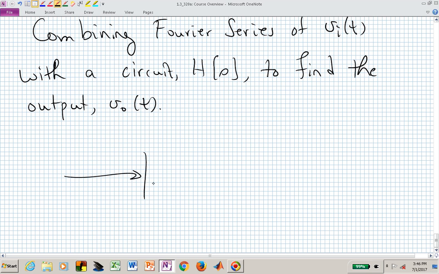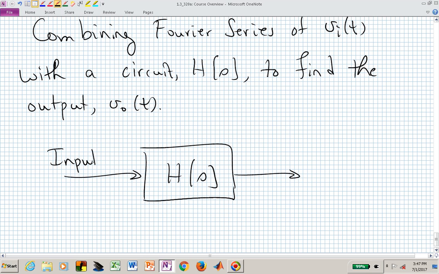Again, we can go back to this understanding of the relationship between our input signal in the time domain, given by v sub I of t, and the system that we are exciting with that input signal to produce an output signal in the time domain, v sub 0 of t.